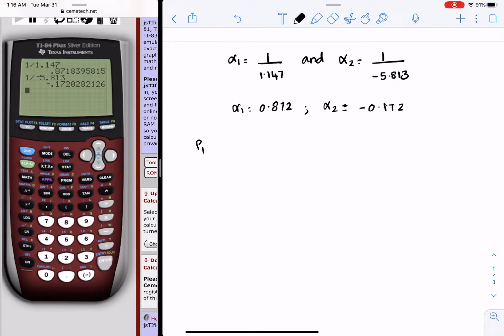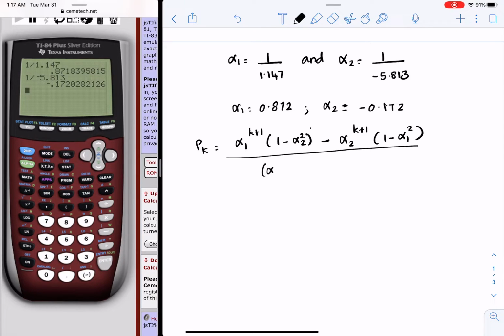So since we have the values of alpha 1 and alpha 2, the general expression for rho k is alpha 1 raised to k plus 1 times 1 minus alpha 2 squared, minus alpha 2 raised to k plus 1 times 1 minus alpha 1 squared, divided by alpha 1 minus alpha 2 times 1 plus alpha 1 alpha 2.